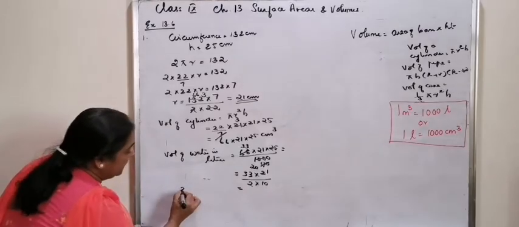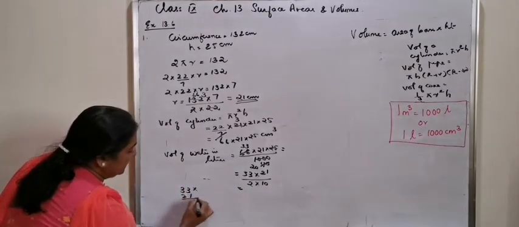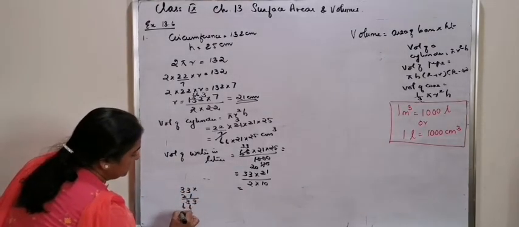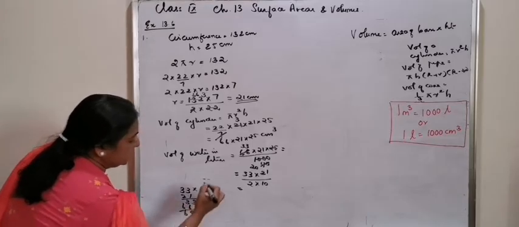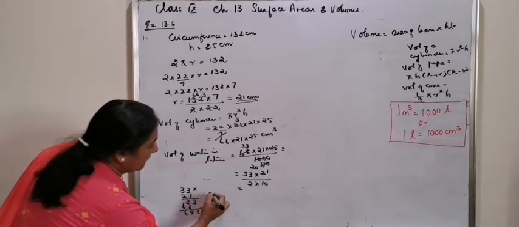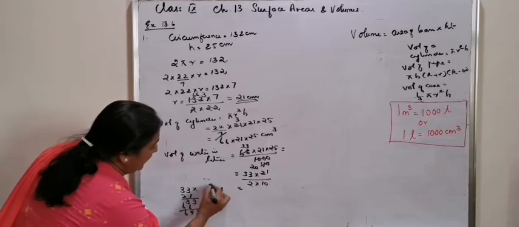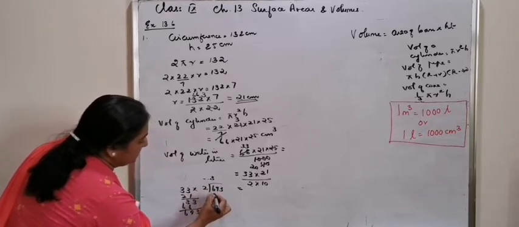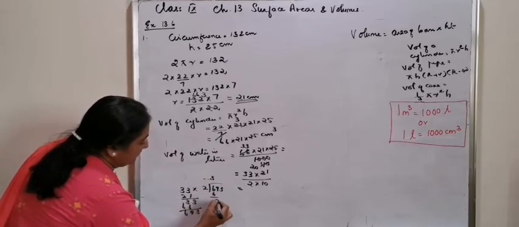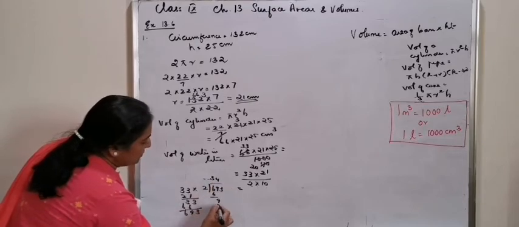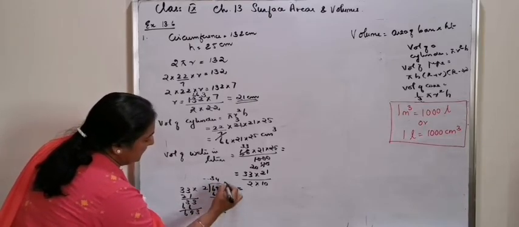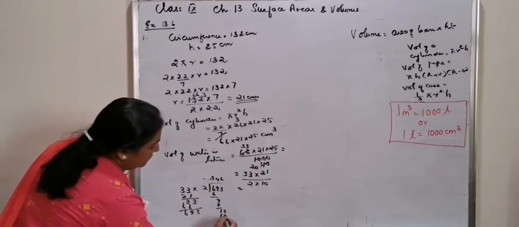33 into 21. 1 3 is 3, 6 3 2 is 6, 693, divided by 2. 3 2s are 6, then 9, 2 4s are 8, 13, 6, 12 and 10.